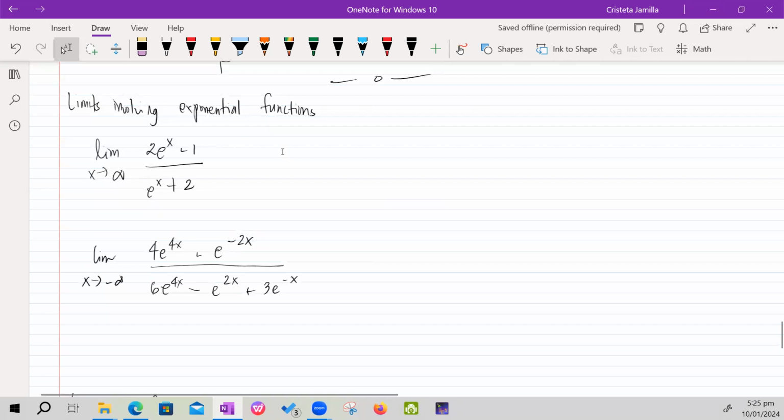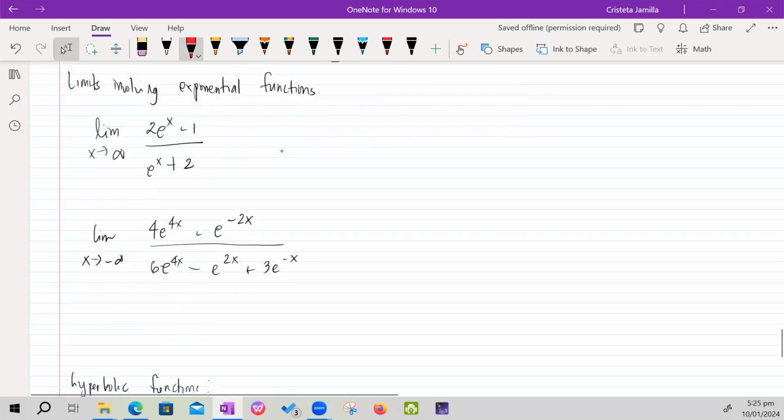For the first case, if it's positive infinity, note that since e is greater than 1, the graph that we need to use is this part. And we want to remove the indeterminate forms, right? Because if we evaluate our limit here, you'll have 2 times infinity minus 1 over infinity plus 2.